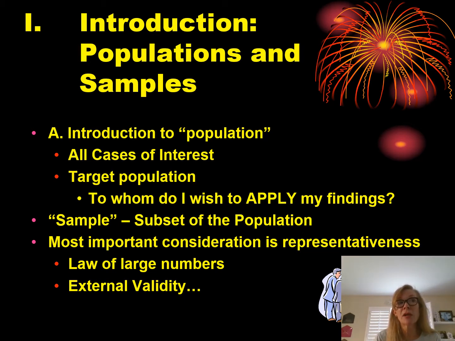So in the example that I just gave you, if my target population is all college students and my sample is my research method students, then I'm going to have some questions in my mind about to what extent those students currently in my class are representative of all college students. I'm going to just go out on a limb here and say probably not super representative.